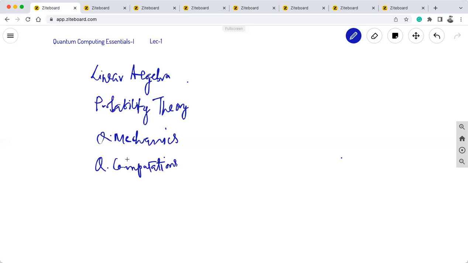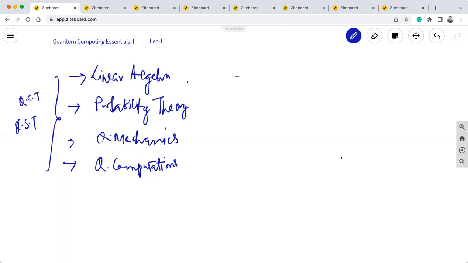So these are the minimum requirements or the essential subjects which will help us to understand the technology, which we will call the quantum computation theory, or sometimes we'll come across the term QST, that is quantum science and technology. So we will try to understand this subject starting from the prerequisite as linear algebra.